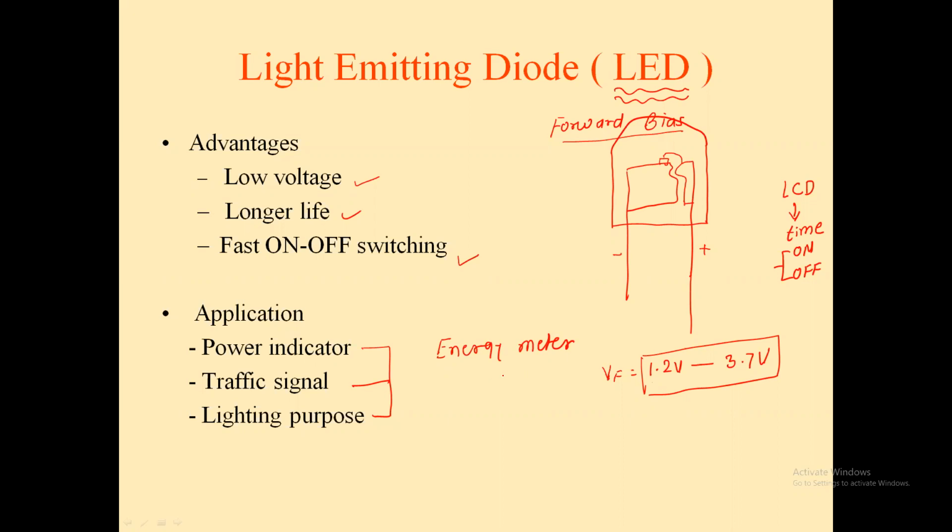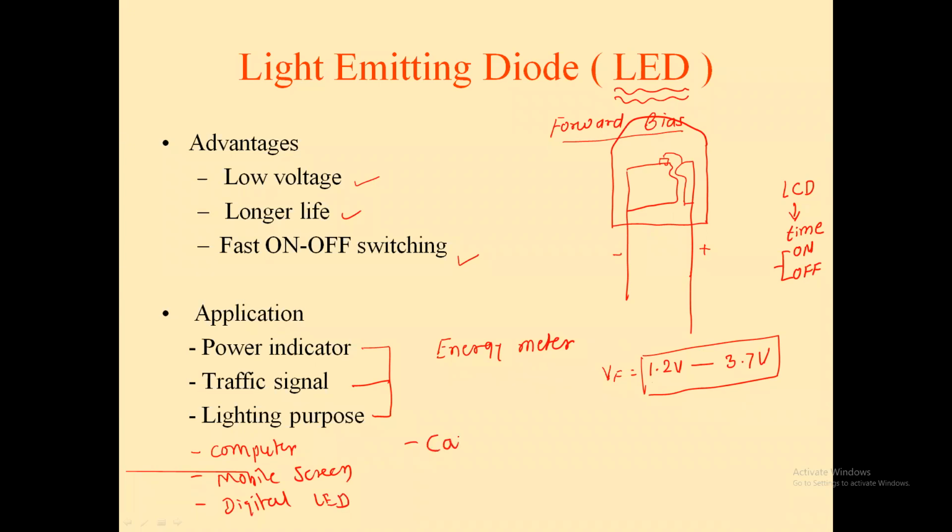So many LEDs you will observe which indicate power indication. Traffic signals and lighting purposes also use the LED. You can give any number of examples. Your computer screen is also LED. Then your Android mobile screen is also LED. Then your digital watch also comes with an LED.